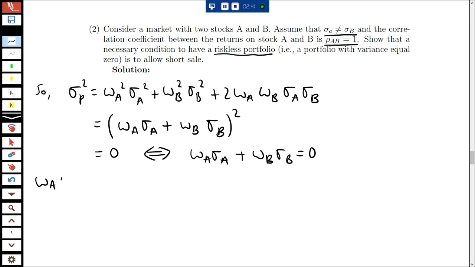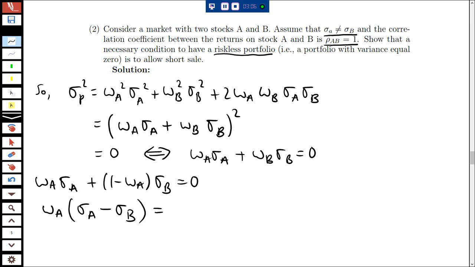So omega A sigma A plus omega B, which is 1 minus omega A, times sigma B, must be 0. Okay, so we want to simplify this. I can see omega A appears twice. Okay, so a little bit of rearranging.